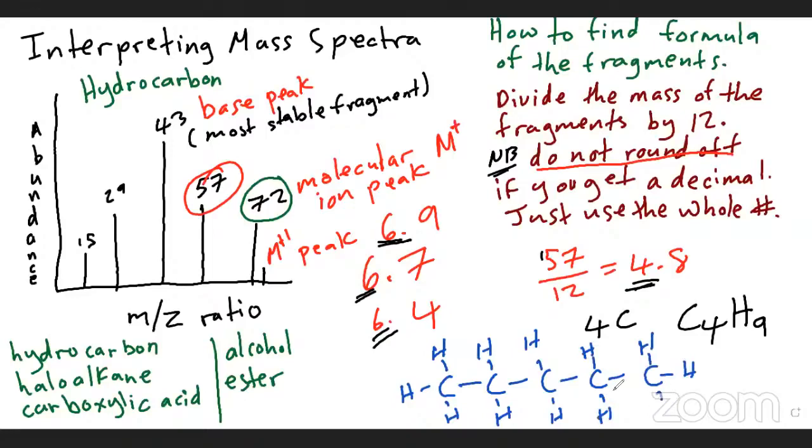So this is pentane, right? Remember, when your molecule goes into the mass spectrometer, some of it will break up into fragments. The molecular ion means that it did not break up. So the entire pentane molecule made its way through the mass spectrometer.